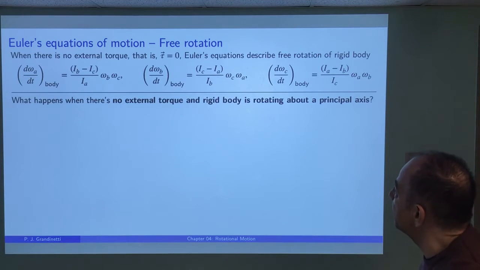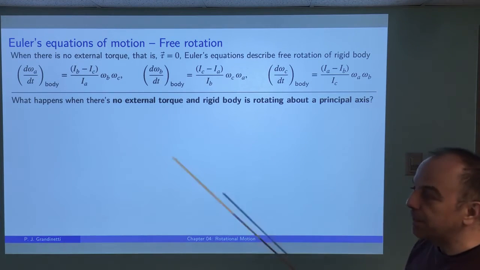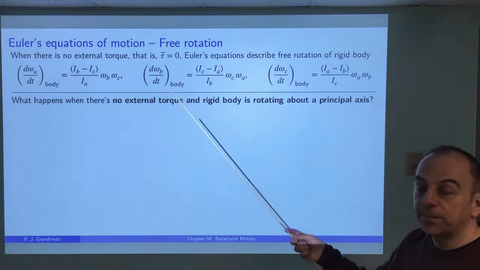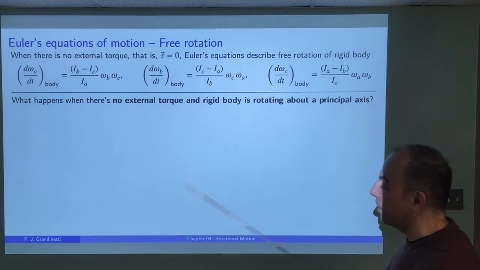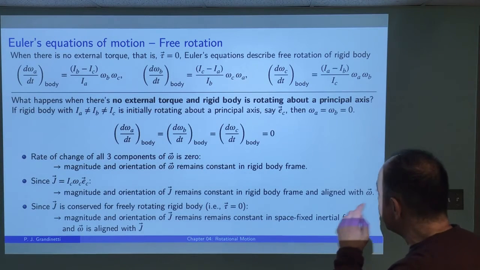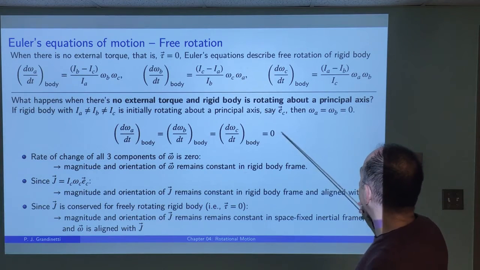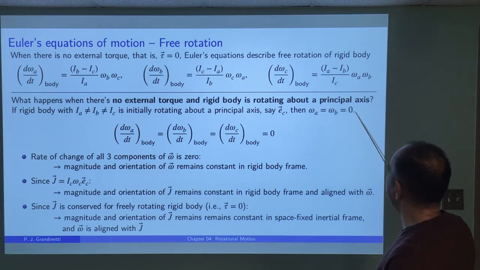Now, what happens if there's not just no external torque on the system, but the rigid body is also rotating in space about one of its principal axes? It could be along A, B, or C. Let's say we put it along omega C, so omega A and omega B are equal to zero.